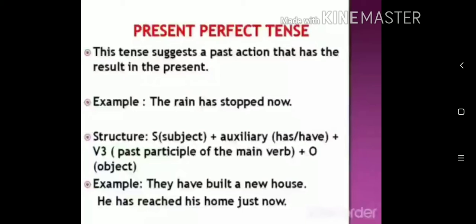Example: they have built a new house. He has reached his home just now. In these 2 examples, you must have noticed that have is used with plural pronoun or noun. Has is used with singular noun or pronoun.